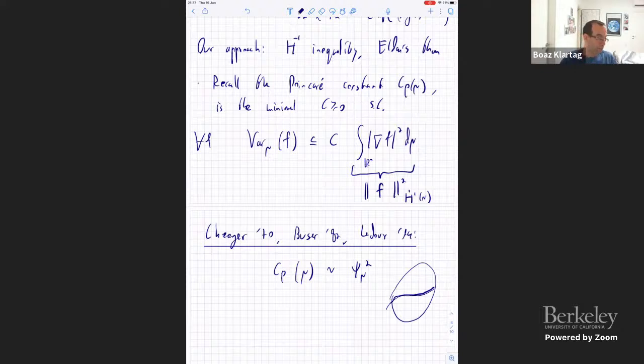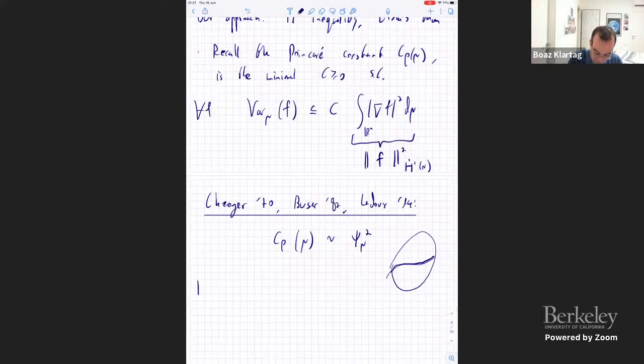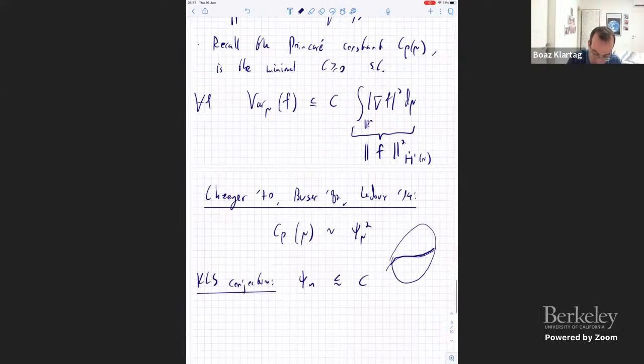And the KLS conjecture, which I didn't say before, says that psi n is bounded by a universal constant, but it also means that linear functions nearly saturate the Poincare inequality. Why?